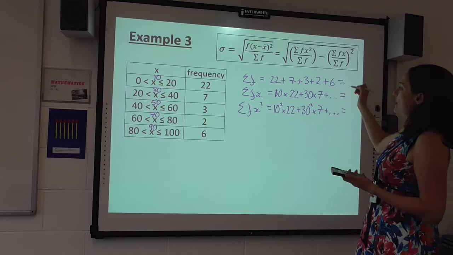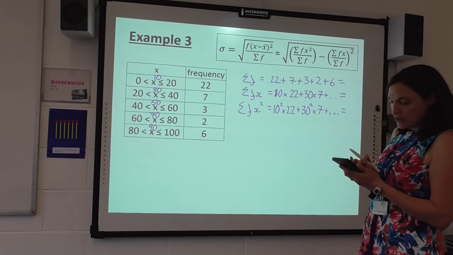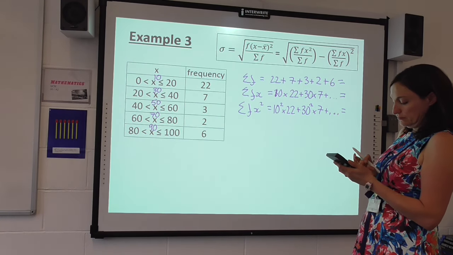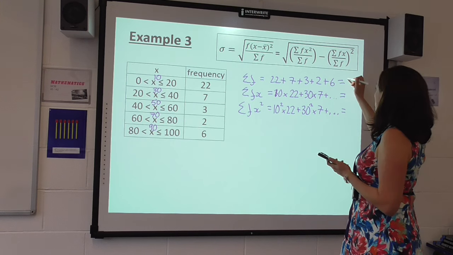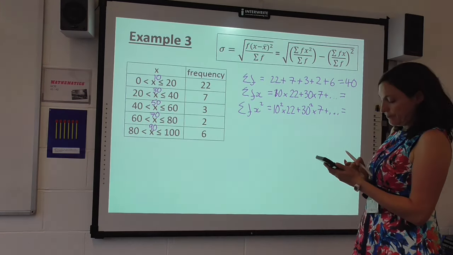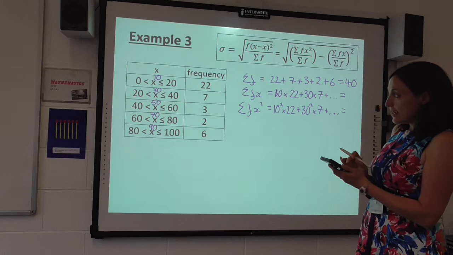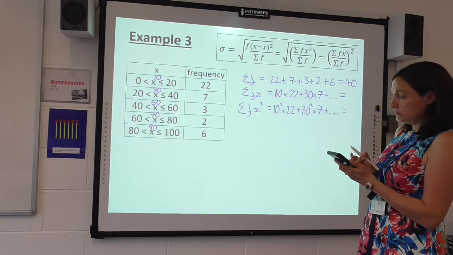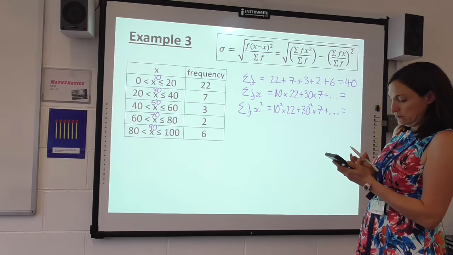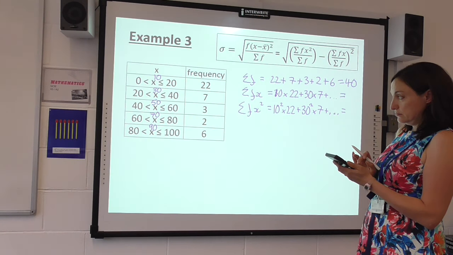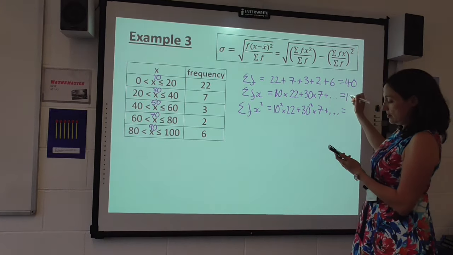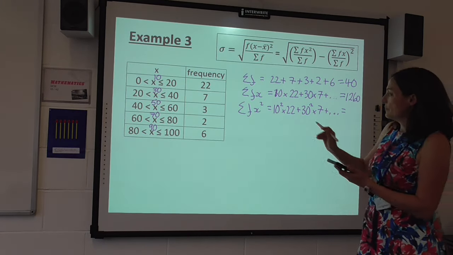Okay, so if we use our calculators to work out those values, so we've got 40 pieces of data, the total of all the x values is 1,260.